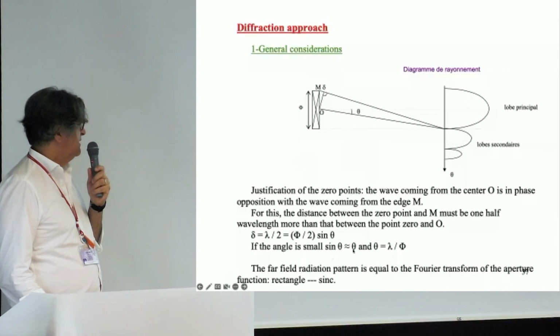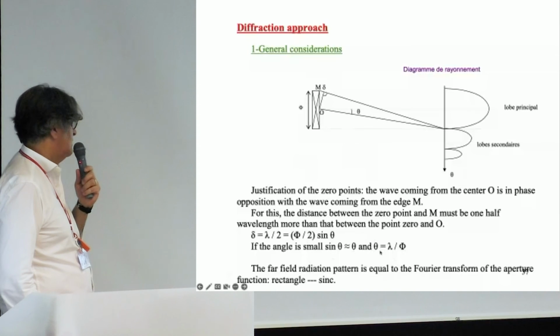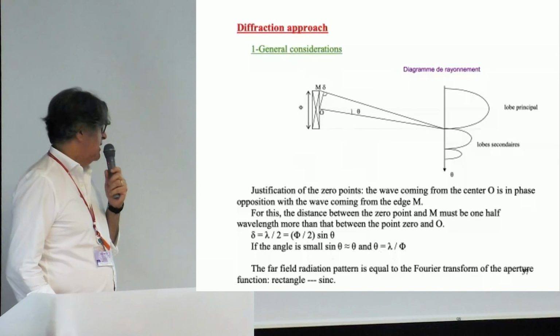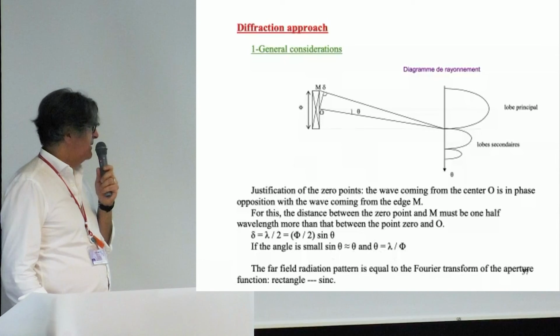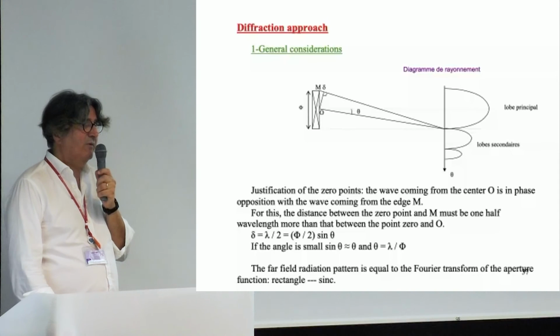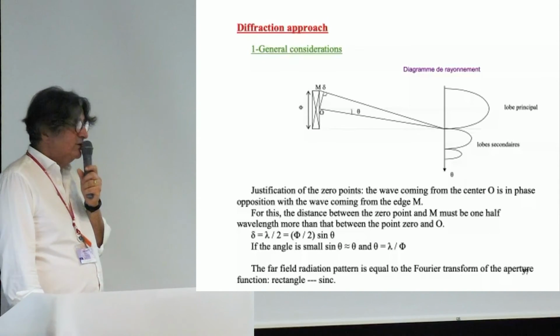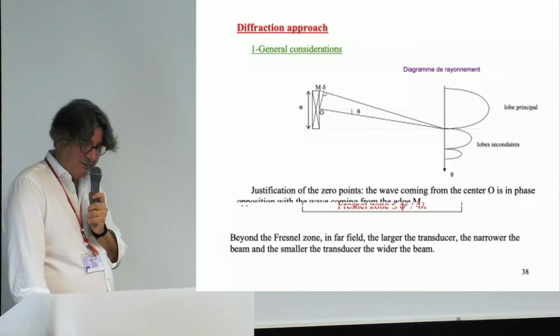And if this sine is small, the angle is given by lambda over phi. That's it. This explains the spreading of your field. Of course, it is more complicated, but this is a simple way to explain the diffraction.